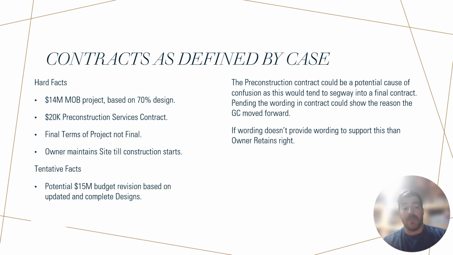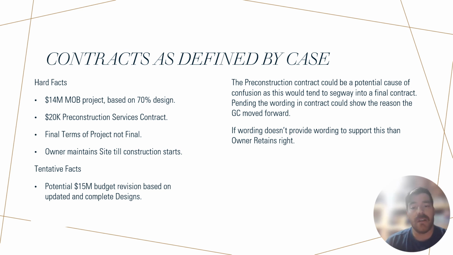Tentative facts. Potential $15 million budget revision based on updated and complete designs. Again, I touched on that a couple of slides ago, talking about it's less than a 10% increase for 30% more documentation. So, kind of broke it down. The pre-construction contract could be a potential cause of confusion, as this would tend to segue into a final contract.